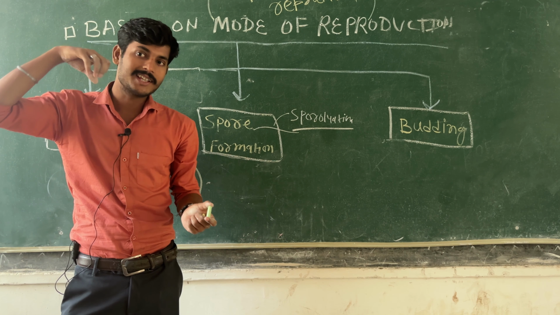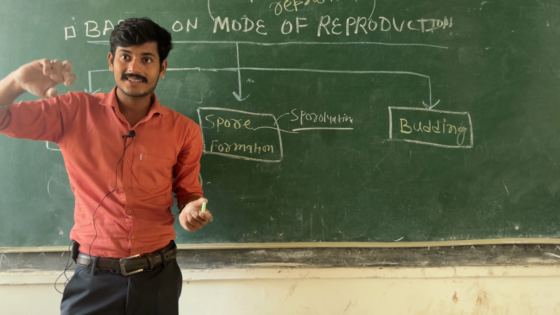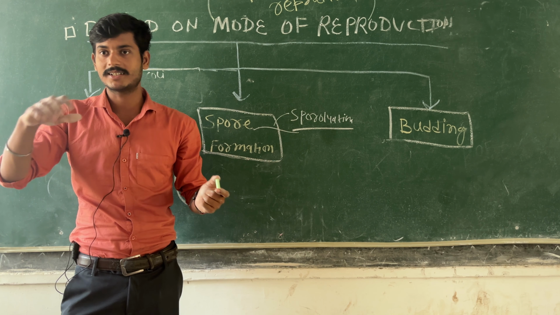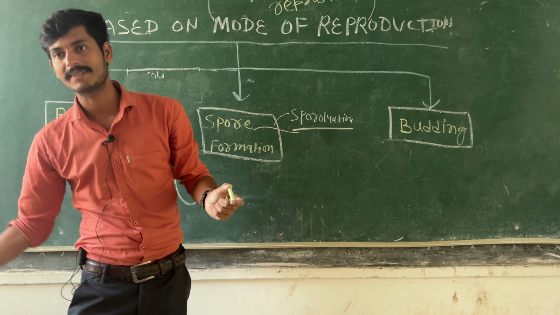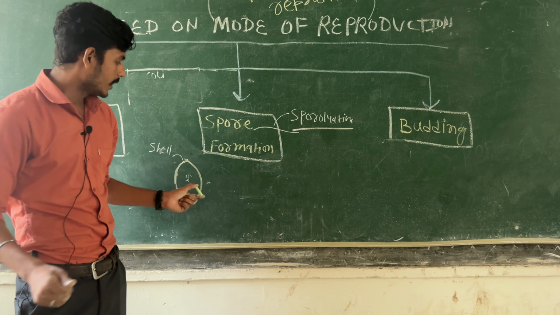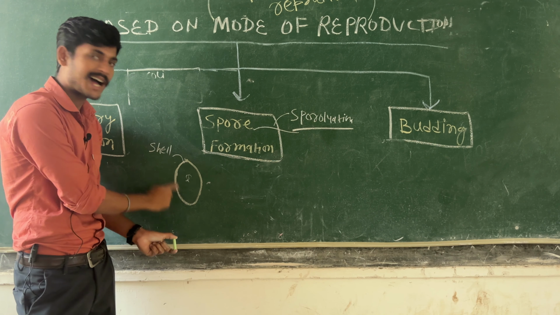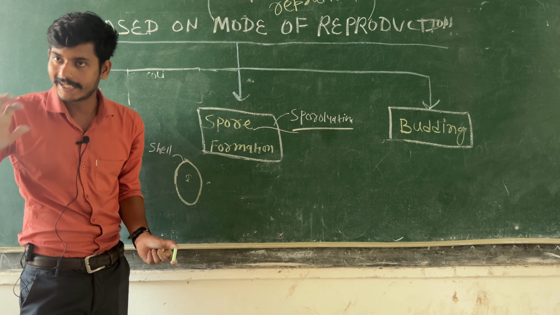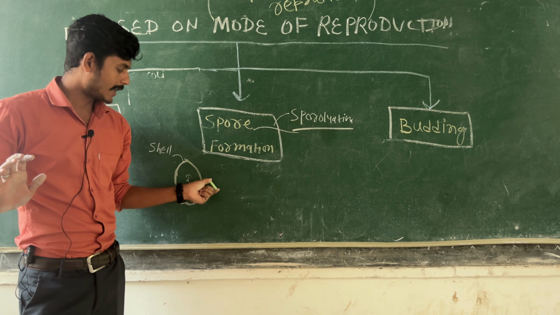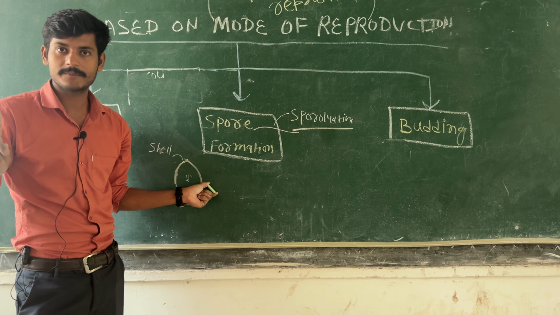Whatever food is present slowly oxidizes, and they get the nutrition. That is how the polar bears escape their unfavorable situation. In the same way, the bacteria has a hard shell, so whatever nutrition is there is enough for their survival. Clear? And also this is not an actual mode of reproduction.